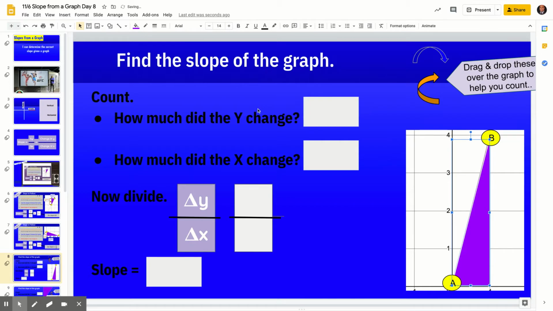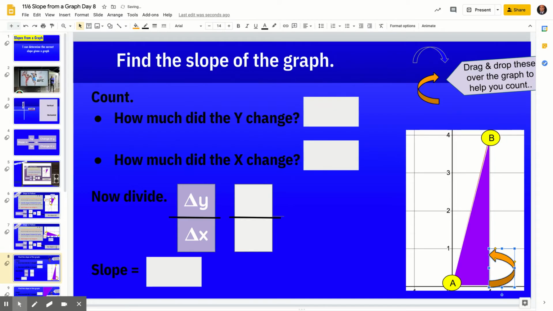And once you do, we need to find how much the y changed. So let's count. As these are provided for you, I'm going to flip it over, make it a little bit bigger.